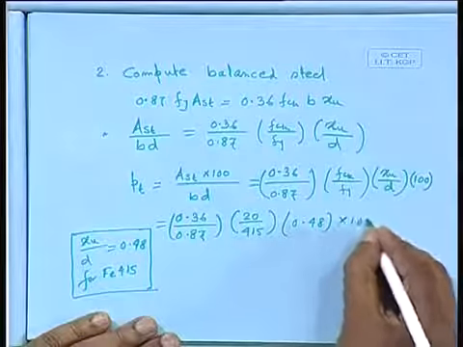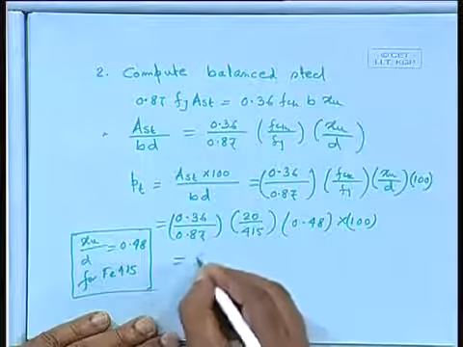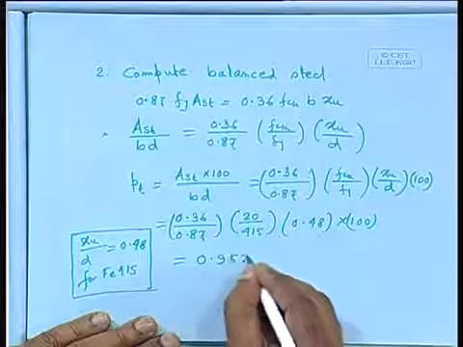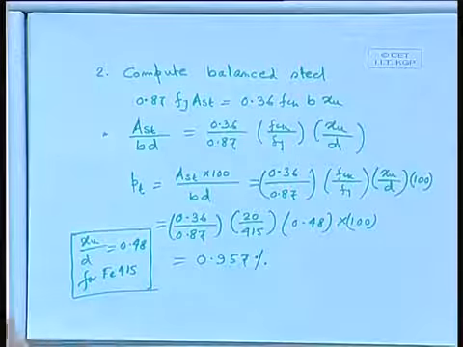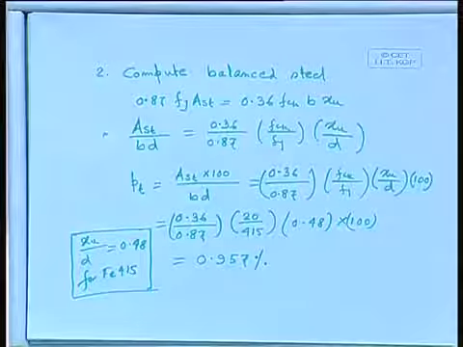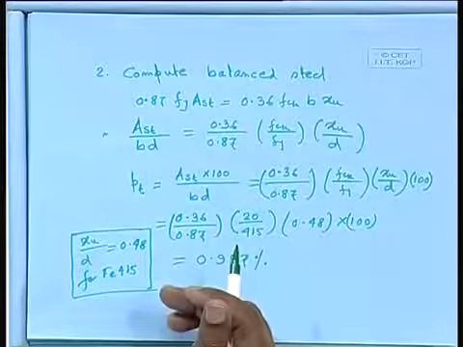Times 100 equals to 0.957%. So, balanced steel, that is 0.957%.